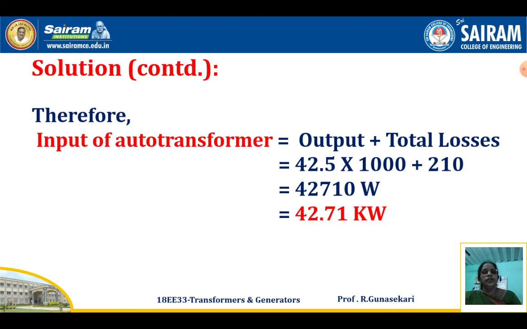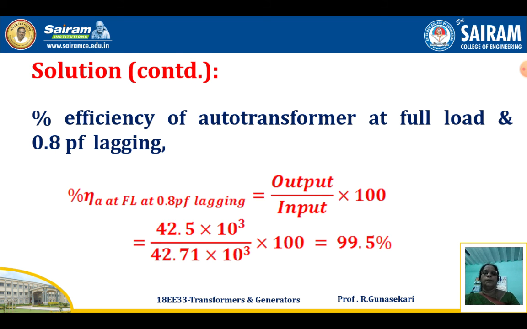You already know the input is always greater than the output. Now we calculate the percentage efficiency of the auto transformer at full load at 0.8 power factor lagging. The formula is output divided by input into 100.